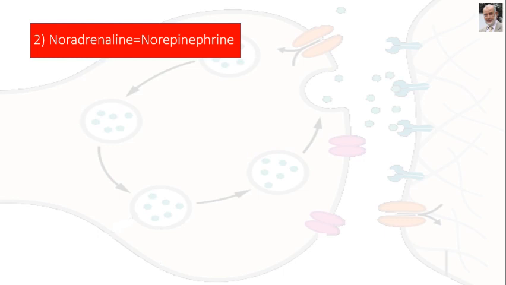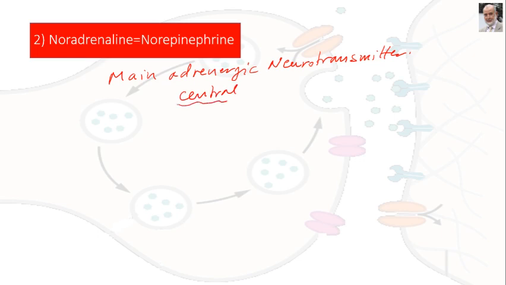Noradrenaline, as we have said before several times, is the main adrenergic neurotransmitter, whether in the periphery or central, where it acts as a major neurotransmitter in the brain, and as well in the peripheral autonomic nervous system, and we have explained that several times.